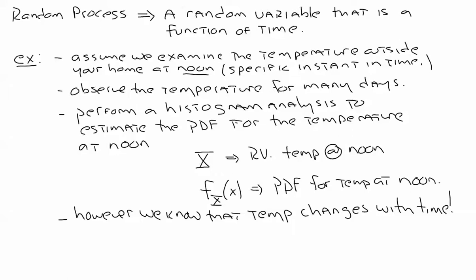It's generally speaking cooler in the morning than it is at noon. It generally reaches the peak temperature sometime in the middle of the afternoon, and the coldest time of day is generally speaking sometime overnight. So what we end up with is temperature as a function of time. This will be a random process.